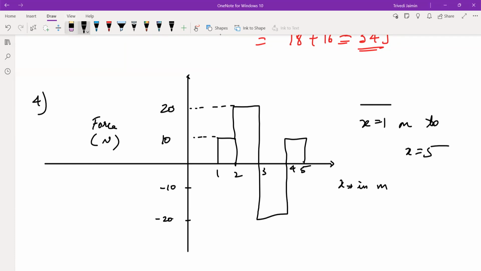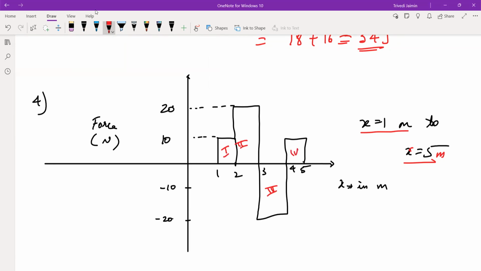Try this, it's very easy. Again, find the work done from x equals 1 to x equals 5 meter. This is a graph between force and position on the x-axis, so we have to move along the x-axis and find the work done.